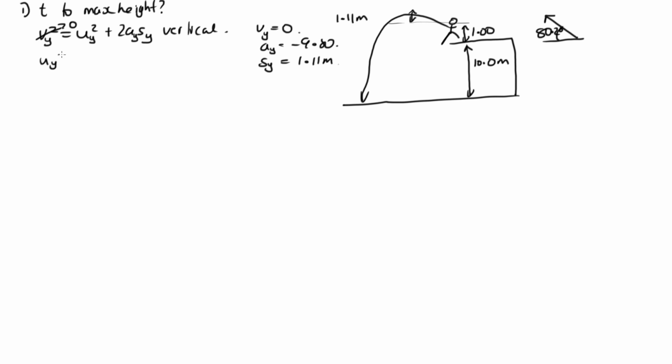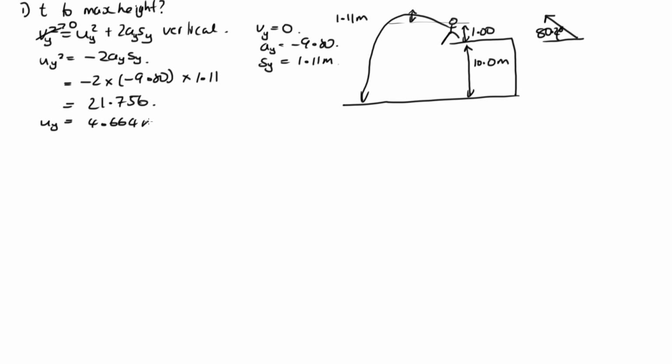So we've got uy squared is equal to minus 2 ay sy, which is minus 2 times minus 9.80 times 1.11. Solving this, we get 21.756, and so uy is equal to 4.664 meters per second. So now we've got the initial vertical component of the speed.